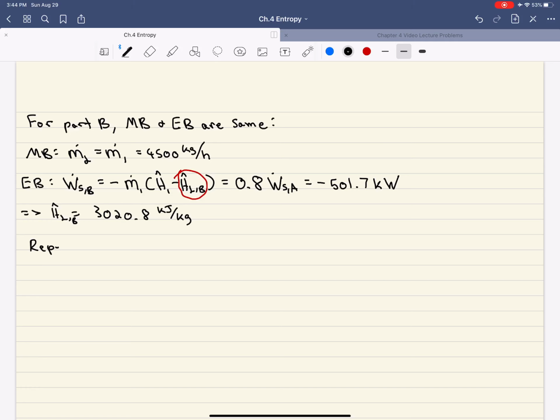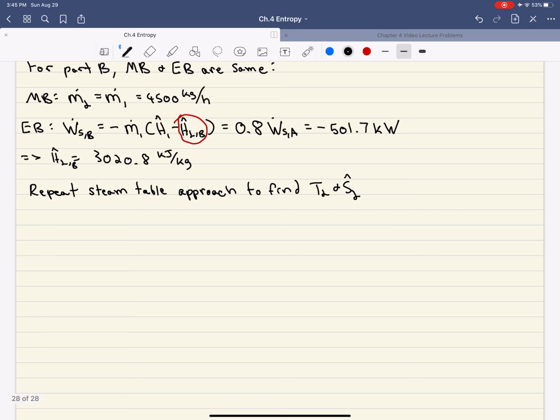So we're going to repeat our steam table approach to find T2 and S2 hat. H2 is about 3,000 here.